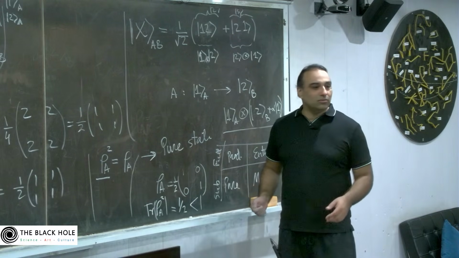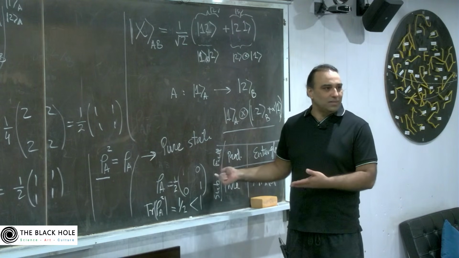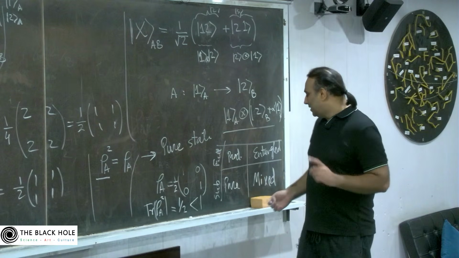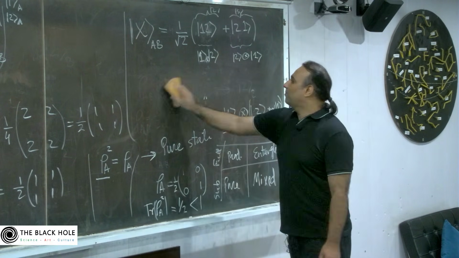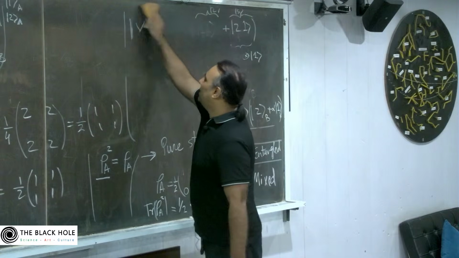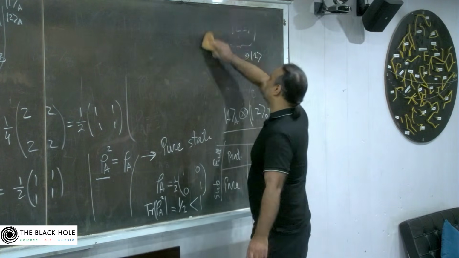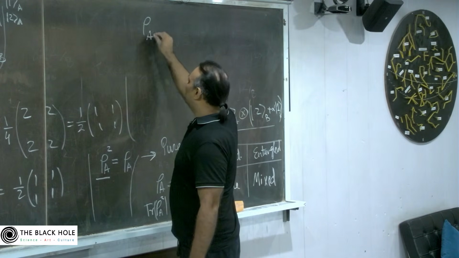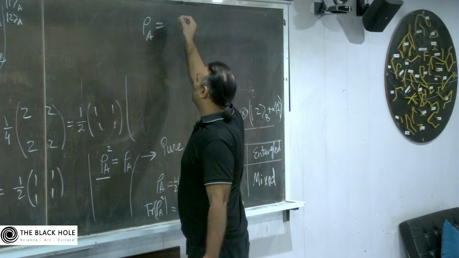You can also use the Bloch sphere representation for a qubit, for a 2-level system, and there the length of your Bloch vector will tell you about the degree of mixing or entanglement. So if your rho A, we can write any 2x2 matrix in this form.